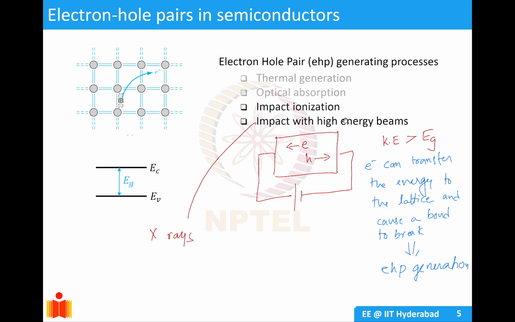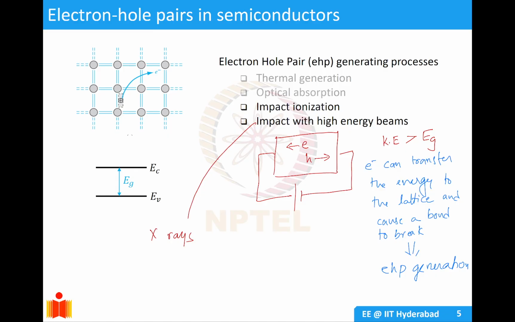And then an example for high energy beams is X-rays. If I shine X-rays on this, then they have enough energy to provide electrons with very high energy, so that they can undergo multiple impacts with each other and give their energy to multiple electrons.